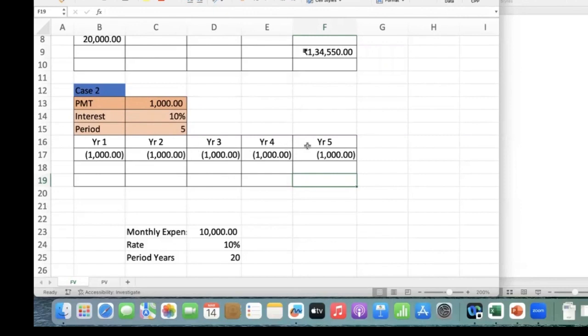You are paying this for 5 years. So what is the future value you should calculate for this? The formula remains the same, equal to FV, opening bracket, rate is 10%. Then we have our number of periods. We are considering for 5 years.